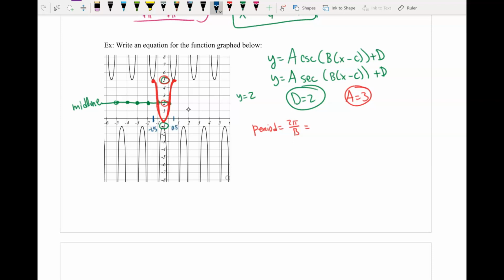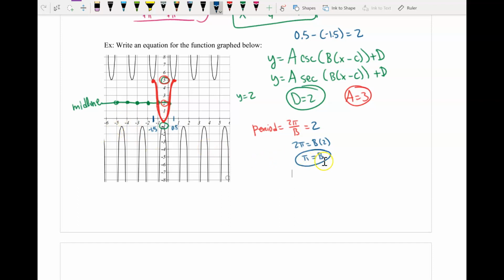So how far is that? So 0.5 minus -1.5, that gives me 2. Okay, so that basically means that the period itself is equal to 2. So let's figure out what b is. So you get 2 pi equals b times 2. So b in this case is equal to pi.